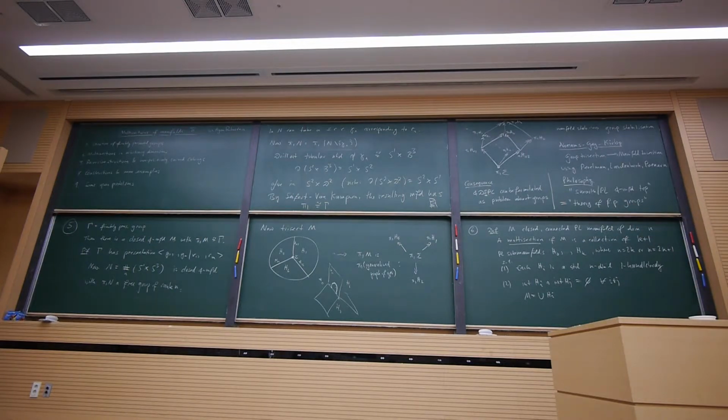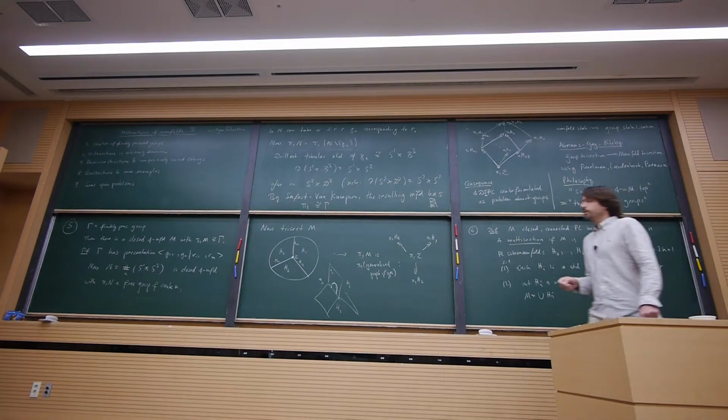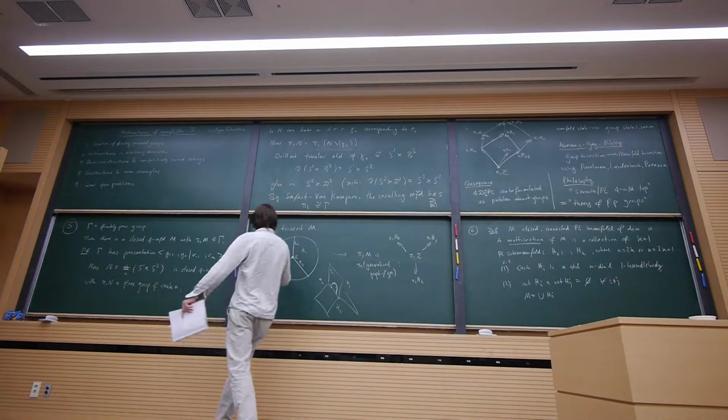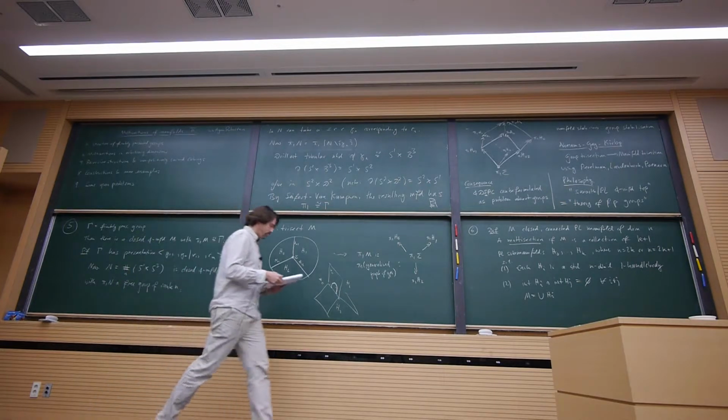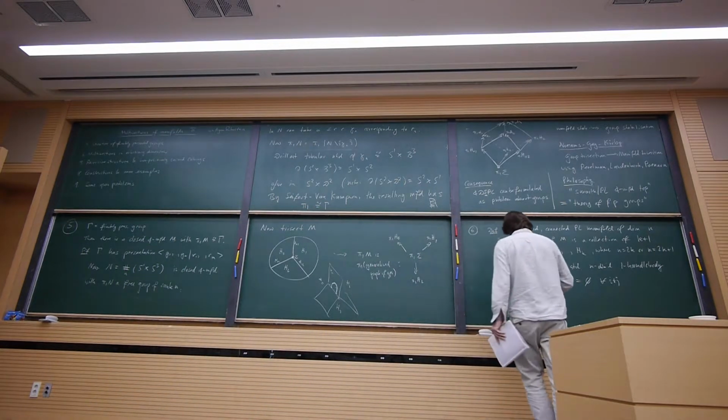And so what's the next condition? The next condition is now we need to think about these intersections. Yeah, so we need to think about intersections of 2 or more of these handlebodies.